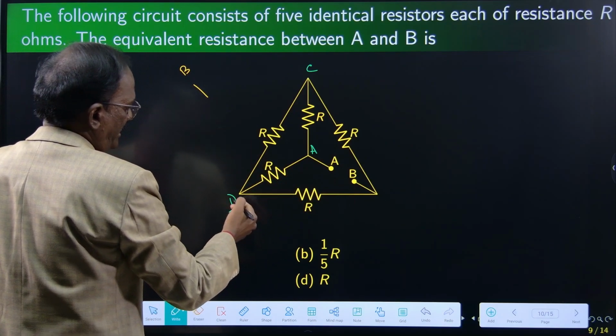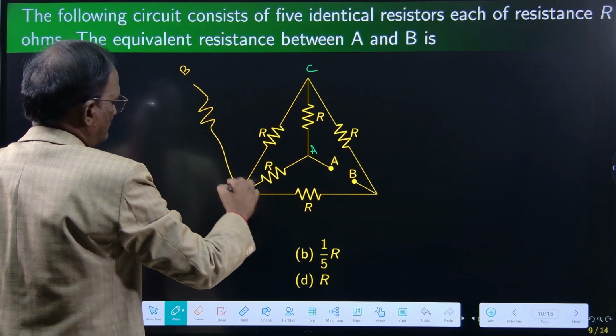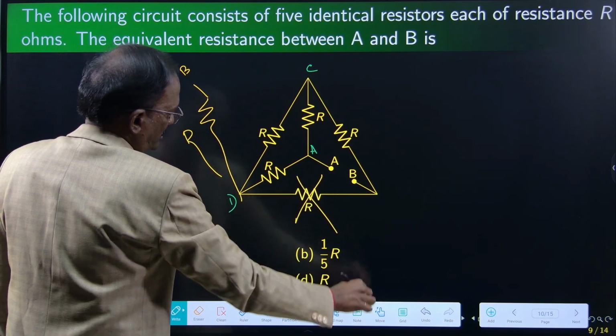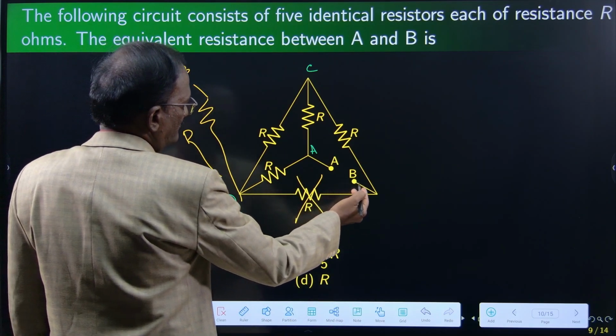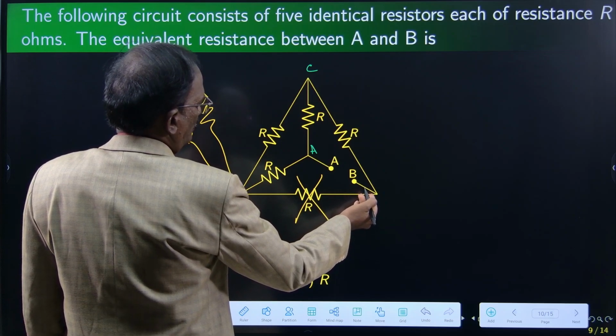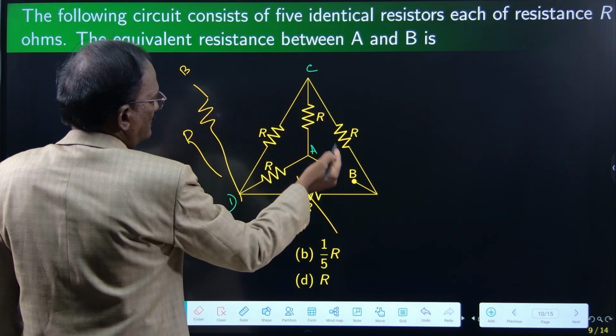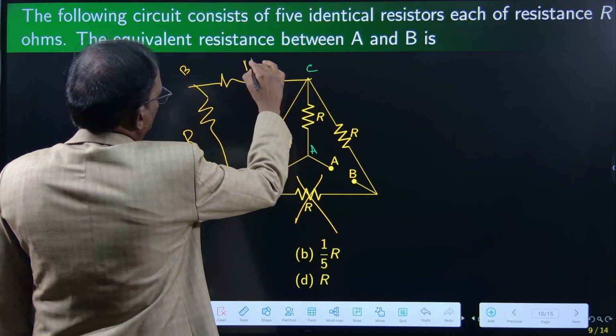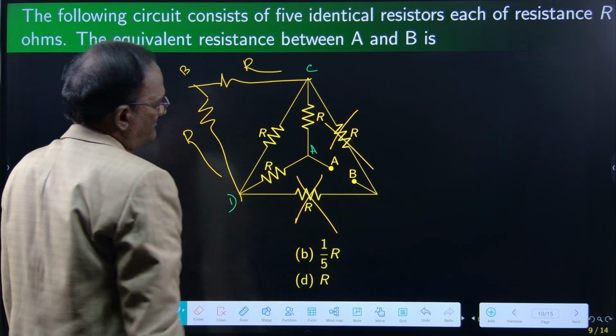Then B to D is R, this is removed. Then B to C, this is another R, this is removed.